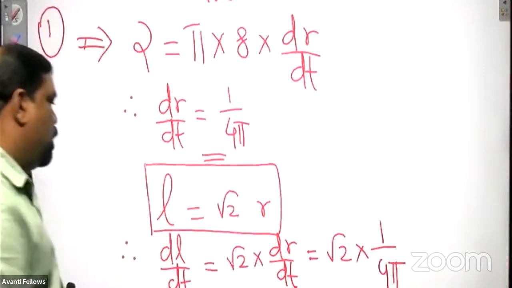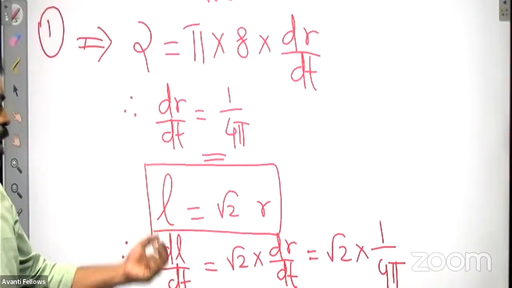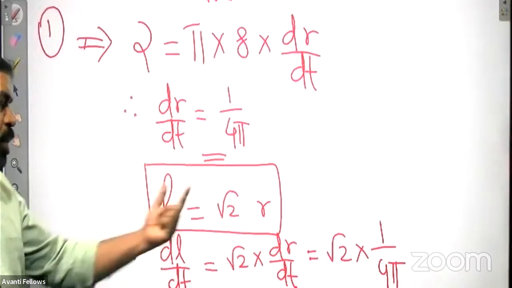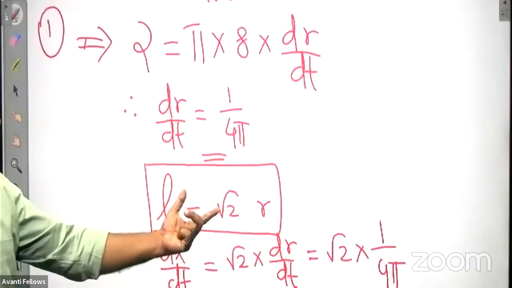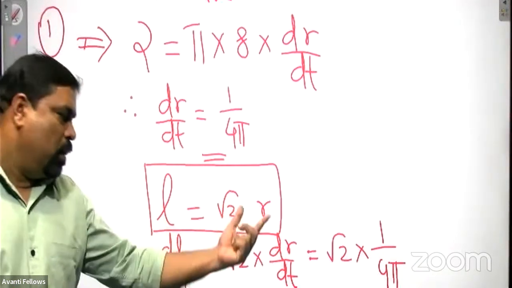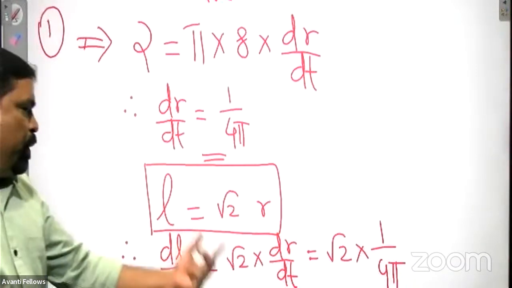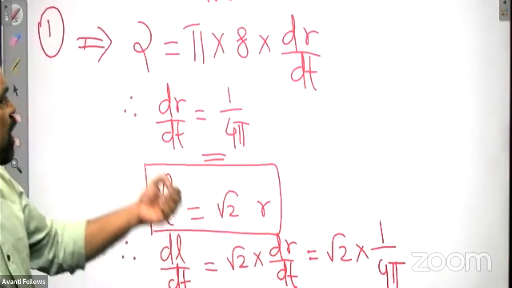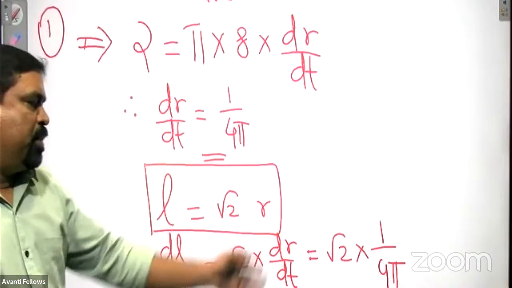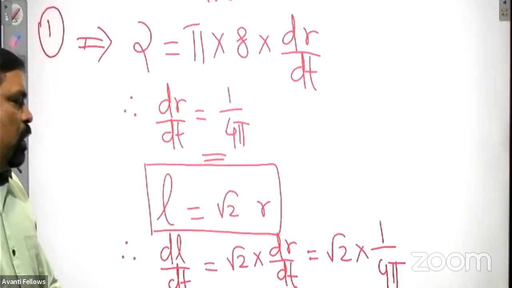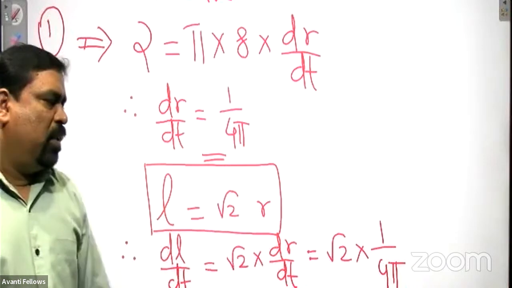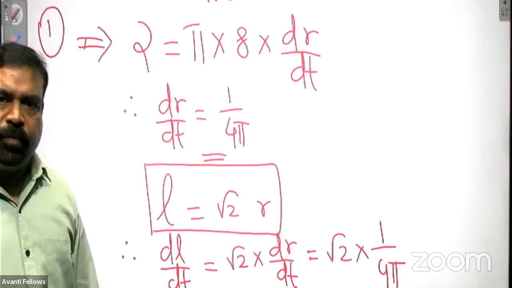Using trigonometry, sine 45, if you apply, you will get L is equal to root 2 r. So dL by dt is equal to root 2 into dr by dt, and dr by dt we already got as 1 by 4 pi. So substitute it, and that can be simplified a little more, and that is the answer actually.